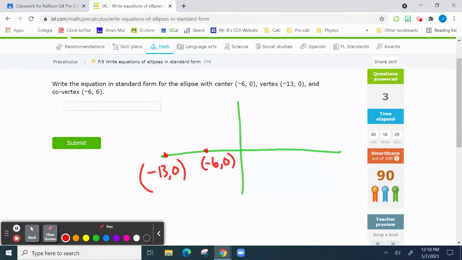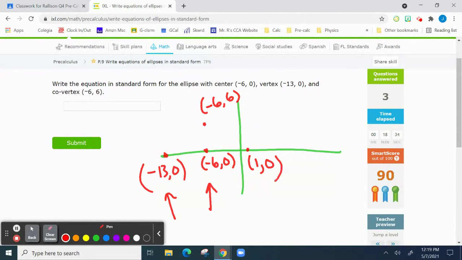And we have a co-vertex at negative 6, 6. How are you going to solve that? How are you going to get the numbers you need? Well, if this is negative 13 and that's negative 6, that means that there's a difference of 7 between those two, right? Negative 6 minus 7 gets you to negative 13. So the other vertex is going to be at 1, 0.